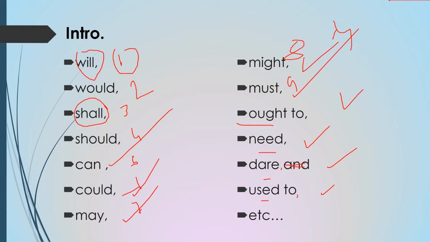You can say that through will and shall and the basic forms of the verbs, we express future forms of the English language. So that is why at some point you find difficulties with modals, and you might have conflict between modals and the future tenses. But don't worry, here I am to discuss these issues.